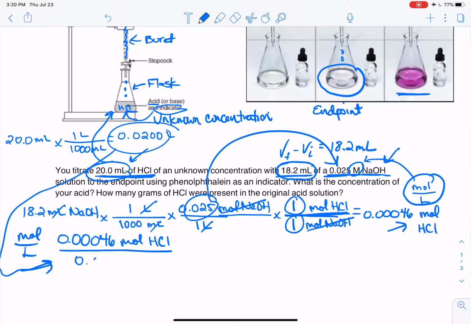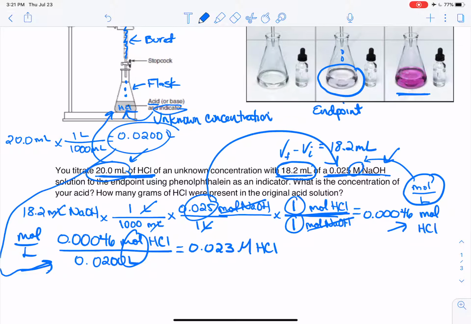So we go ahead and we throw that in right there. So we have 0.0200 liters. So now we have moles of HCl over liters. So yay, now we have molarity. So if we use our calculator, what we are going to get is 0.023 mole per liter, and mole per liter is the big M, so molarity HCl.